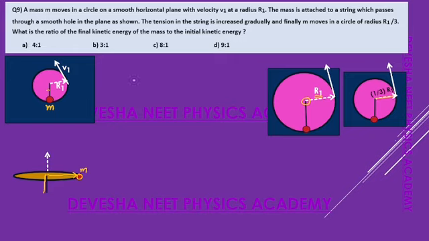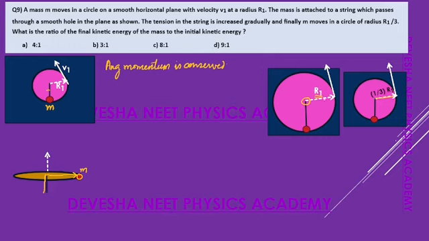Again here we are not adding any additional external force, so the angular momentum will once again be conserved. If the angular momentum is conserved, then the initial angular momentum will be the same as the final angular momentum.